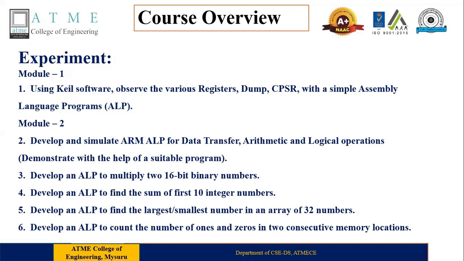We need to demonstrate with suitable assembly level programs to multiply 16-bit numbers, to find the sum of 10 integers, and to find the largest and smallest number in a given array of 32 numbers. Develop an ALP to count the number of ones and zeros in two consecutive memory locations.